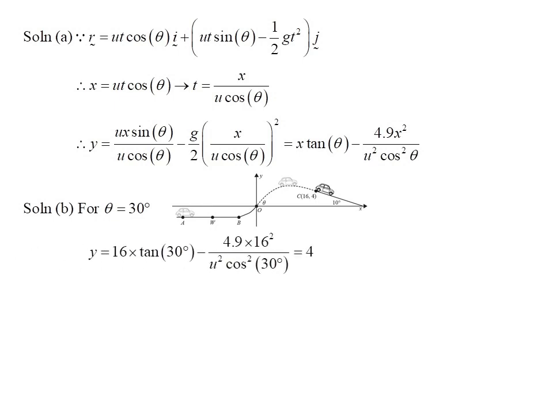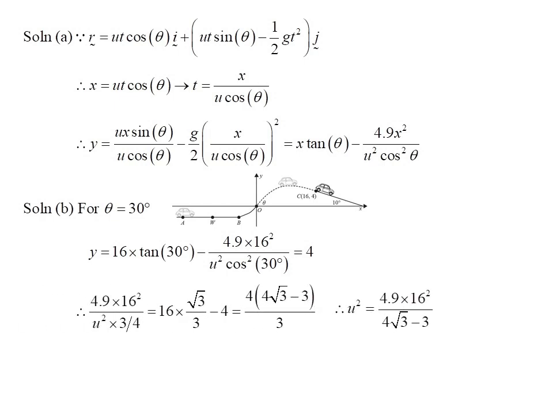According to the expression of the j component from part A, when theta equals 30 degrees, the minimum speed required for the rear wheel of the car landing on point C satisfies the equation y equals 16 times tangent 30 degrees minus 4.9 x squared over the product of u squared and the square of cosine 30 degrees, which equals 4, where u is the required minimum speed and 4 is the y-coordinate at point C.